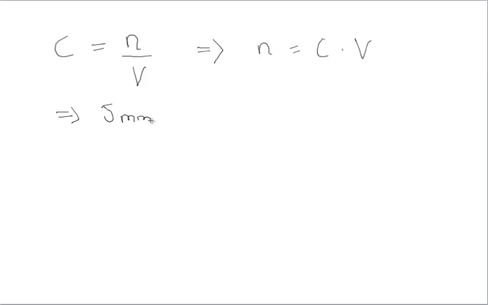That is 5 millimolar, 5 millimole per liter times 250 milliliter. And now we have 5 millimole per liter, there is liter, and then we have the volume in milliliter. Now we have to have the same unit, so the answer will be correct.